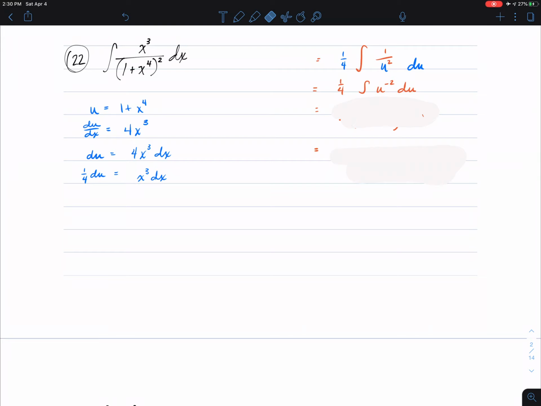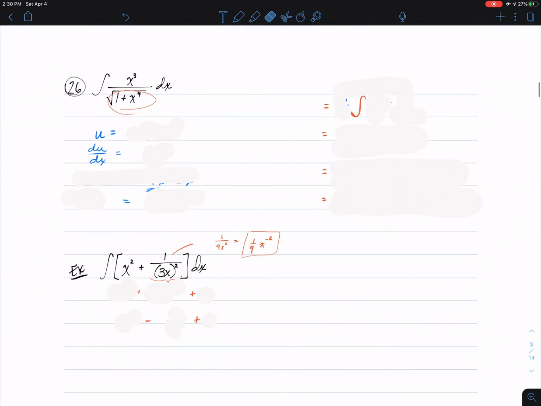Once I integrate then, u to the negative 2nd power is going to be a negative 1 u to the negative 1st. And now that I've integrated, go ahead and add your constant. And then we're going to clean this up, but not only are we going to clean it up, we're going to also resubstitute back in with our x's. And I just went ahead and moved the one that had a negative power to the bottom.